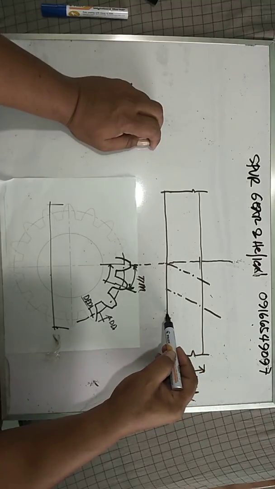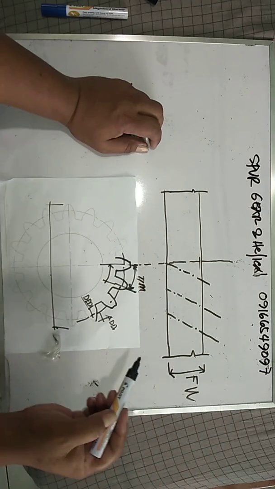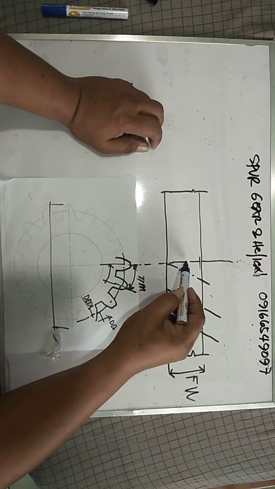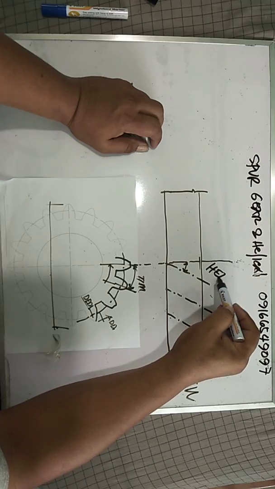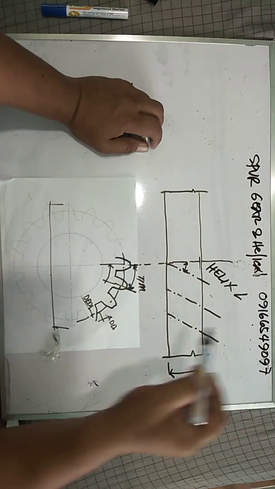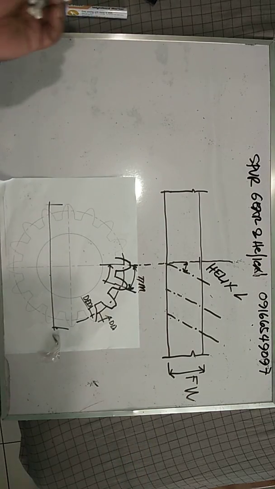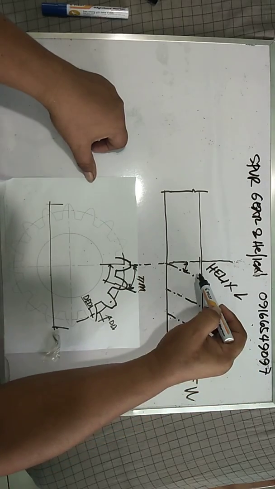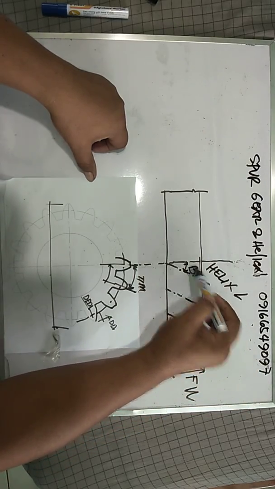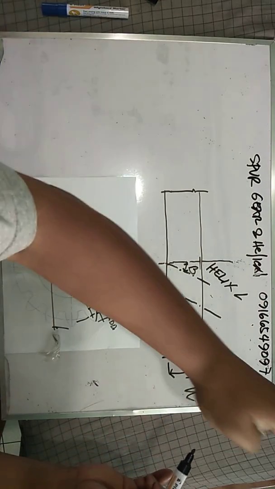This is called the helix angle. That is the helix angle, beta. It's the line of tooth.